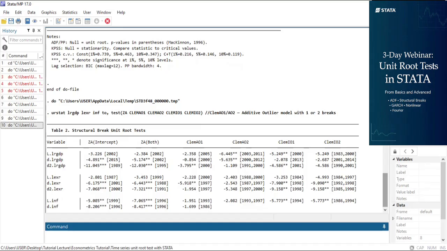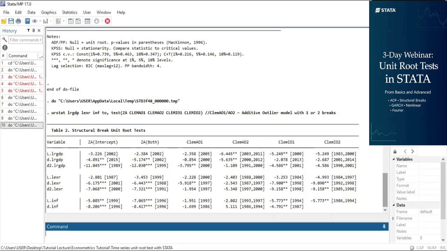There are some events like the economic recession of 2007, 2008, and COVID-19. All those have introduced breaks into economic series. They can make economic series not stationary if you don't account for those breaks.